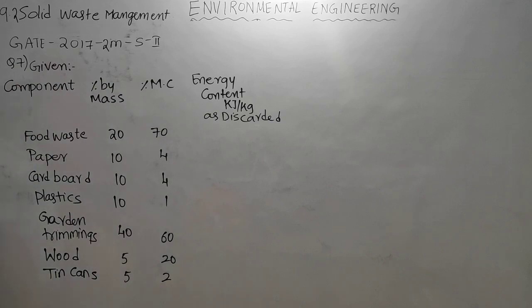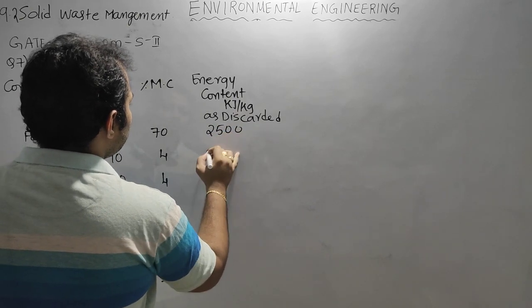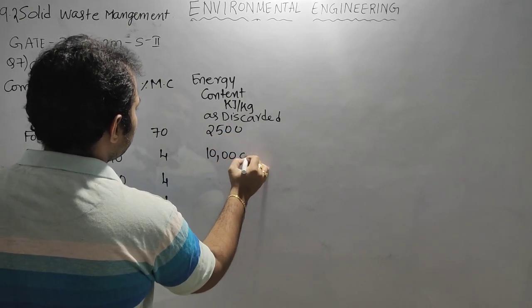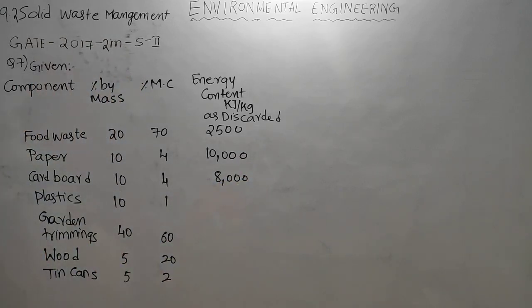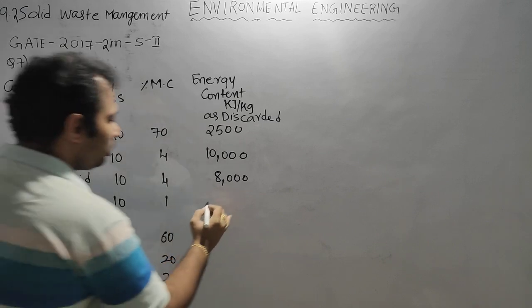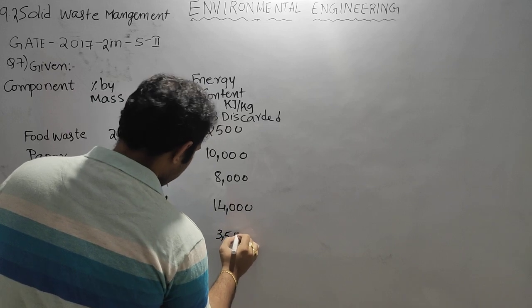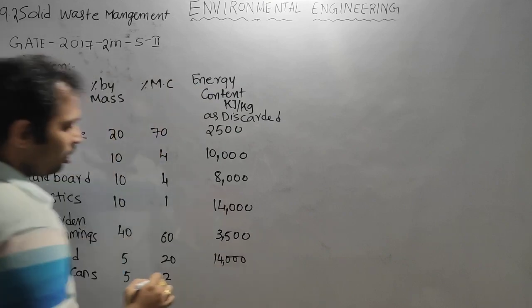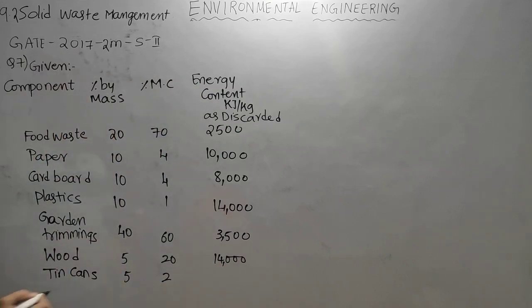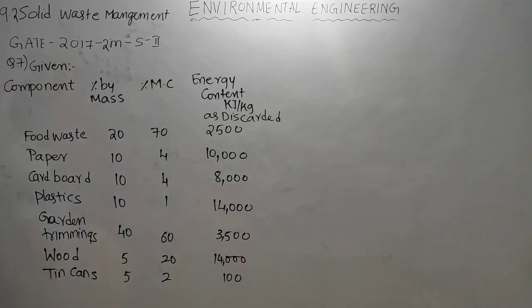Energy content as discarded: 2500, 10,000, 8,000, 14,000, 3,500, 14,000 and 100. So these are the energy values. This is the given data.